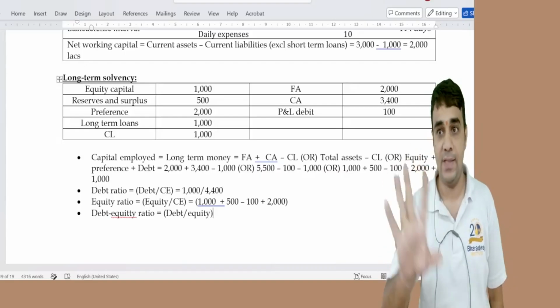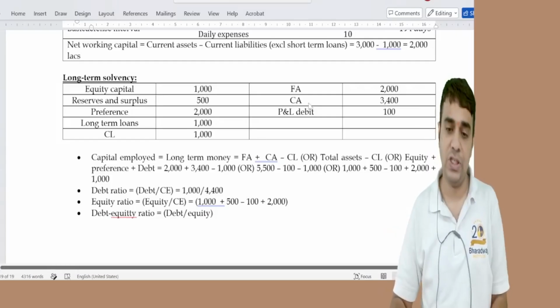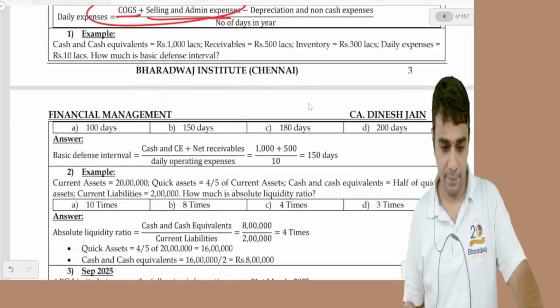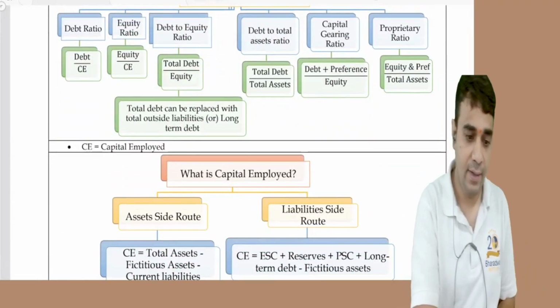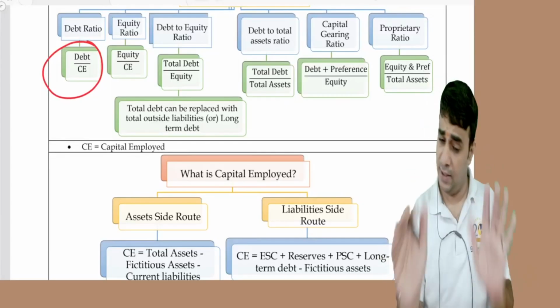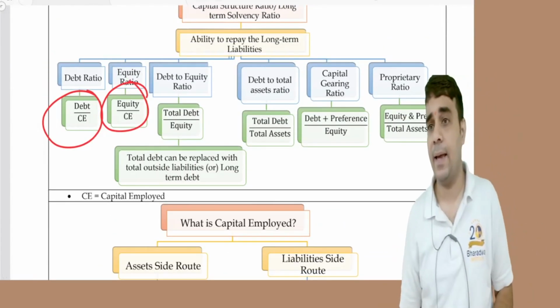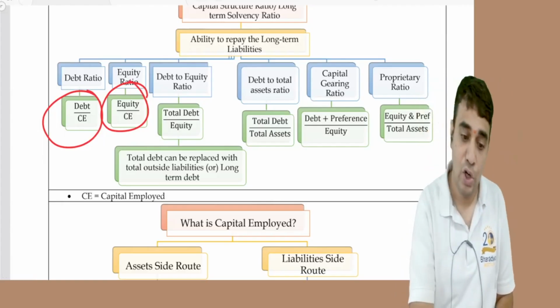Okay, three ways. That's why I said ratios have a lot of subjectivity. First ratio which I saw, go back here, debt ratio, debt divided by capital. Equity ratio, equity divided by capital employed.